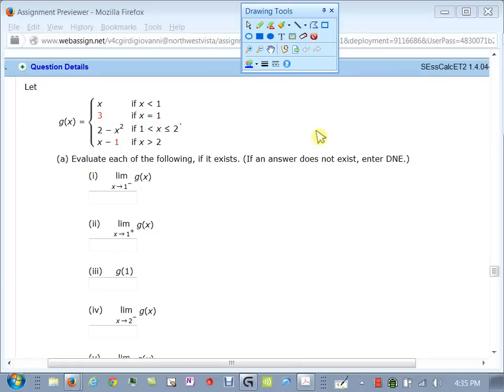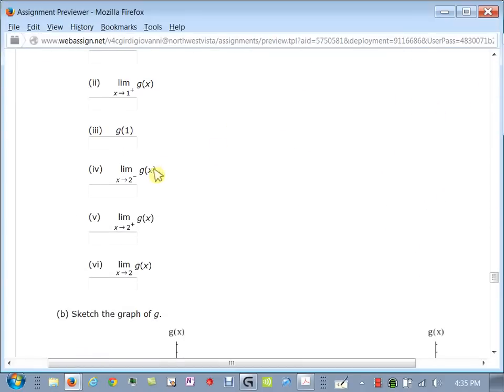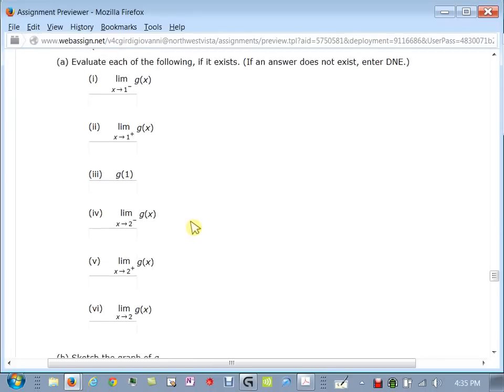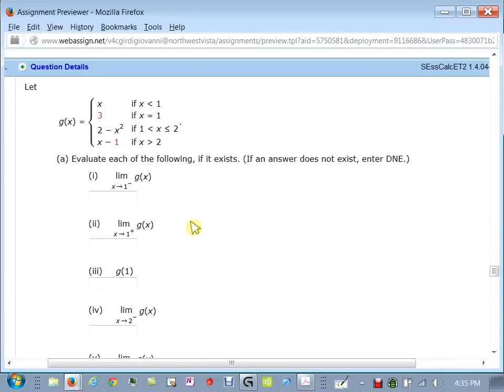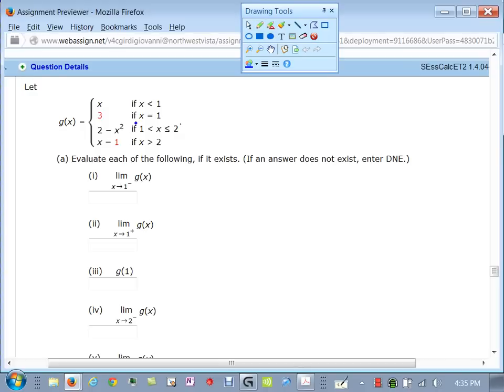We want to look at approaching 2 from the right, 2 from the left, and then, what's the limit at 2? So here's my number line. I'm going to have some dogs barking here in just a second. 2 from the left, 1.99, something like that.